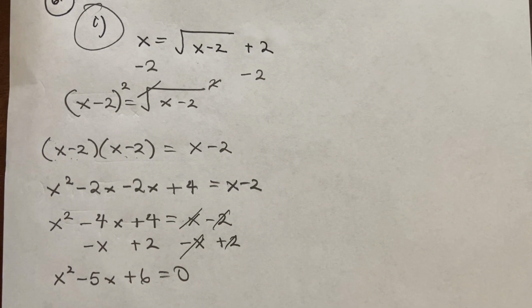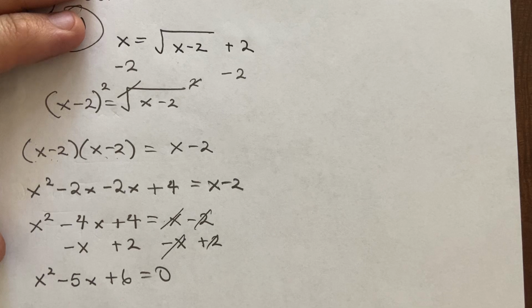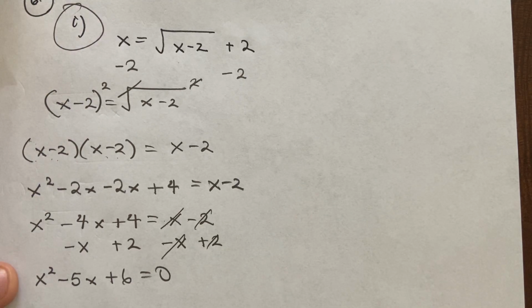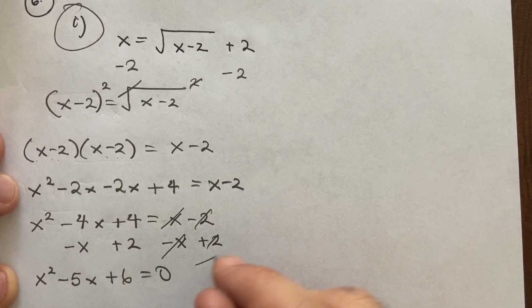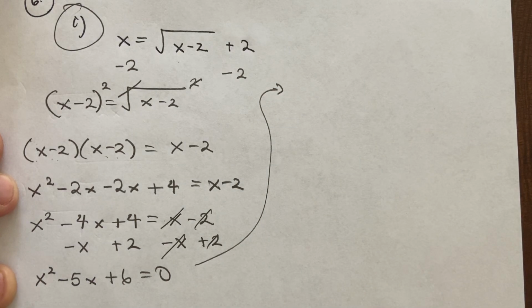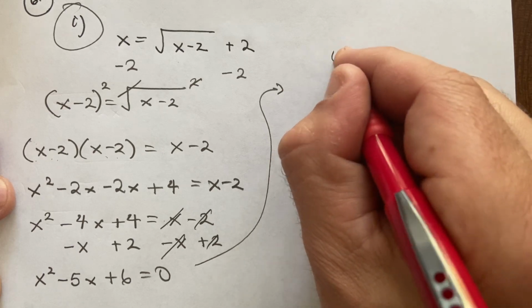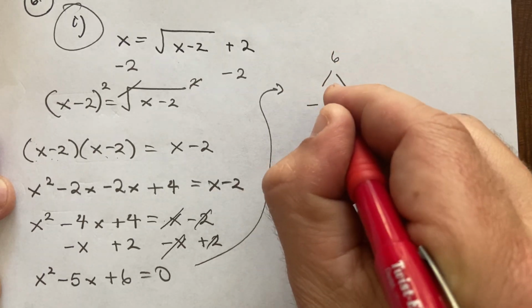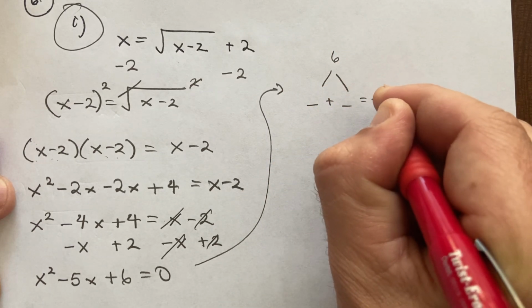Right? So from this radical equation here, we now have a quadratic. And what I'm thinking here is, oh, I hope this thing factors so I can solve this, because factoring is really the main approach that we have. So we're looking to multiply to a 6 and add to a negative 5.